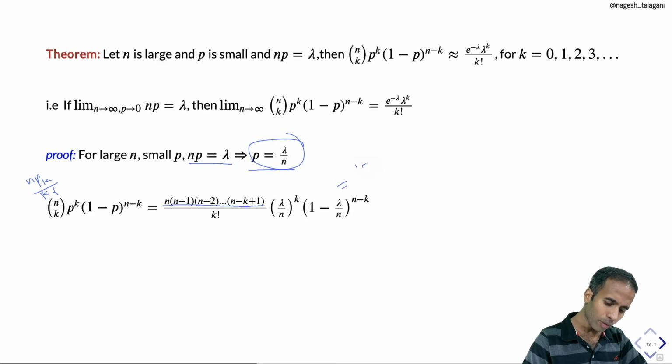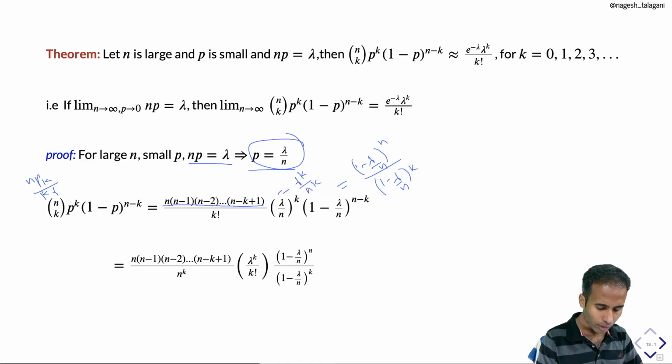This we can write as 1 minus lambda by n to the power of n, by 1 minus lambda by n to the power of k. This is nothing but lambda to the power of k by n to the power of k. The next step, we can write this n to the power of k under this product. Okay, we can group lambda to the power of k by k factorial like this.